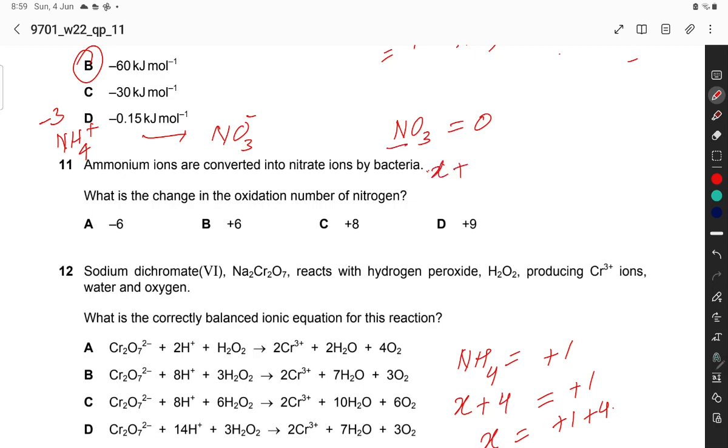X plus 3 into minus 2 is equal to minus 1, X minus 6 is equal to minus 1, X is equal to plus 5.